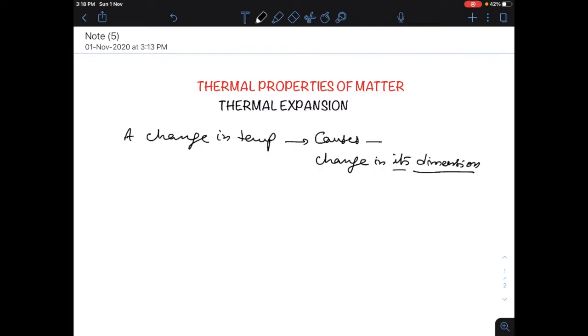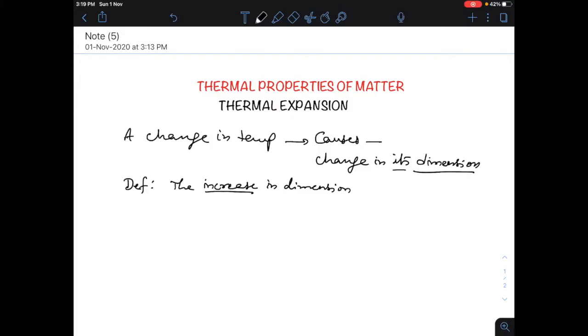So now let us understand how do we define thermal expansion. Because I am saying expansion, I use increase. So the increase in dimension, as I said, change can be increase or decrease, but when I am saying expansion, obviously the change is only increase. Therefore, I am specifically mentioning increase.